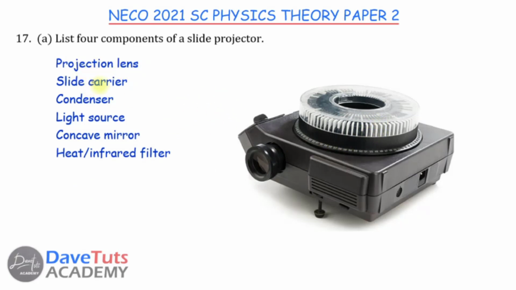So some of the components include the projection lens, the slide carrier that you are going to insert your slide in, a condenser, the light source that will be beamed on those particular images, a concave mirror through which the light rays will pass, and then we also need a projector screen and co. So if you are able to just list like 4 of these, then you'll be good and you'll be fine, and the question would have been answered and dusted.